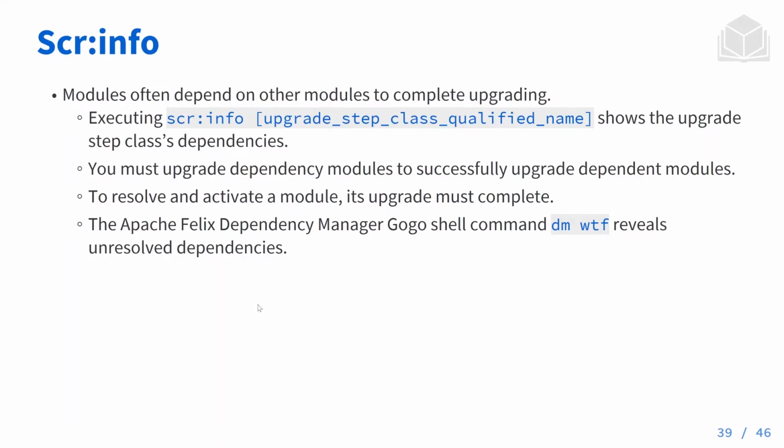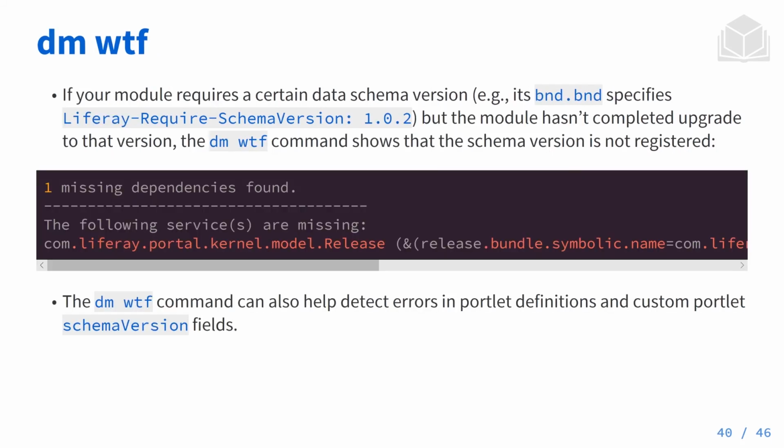And one of the fun commands here that can help you out is dm wtf. We know WTF stands for where's the failure. So kind of a fun command to help you out there. So with dm wtf, where something went wrong, our upgrade didn't finish, we type in the command and it gives us an error here, letting us know that it needs a specific dependency.